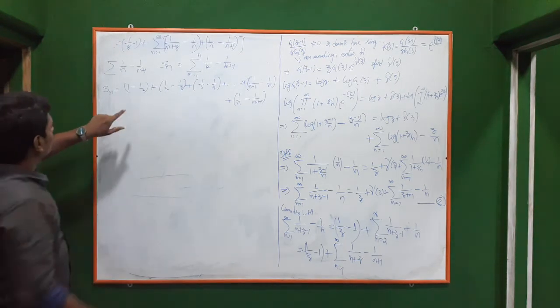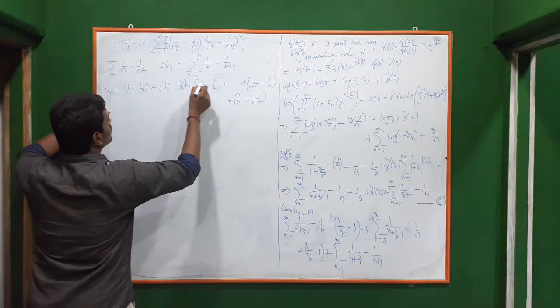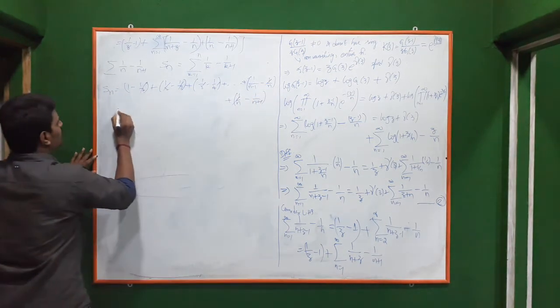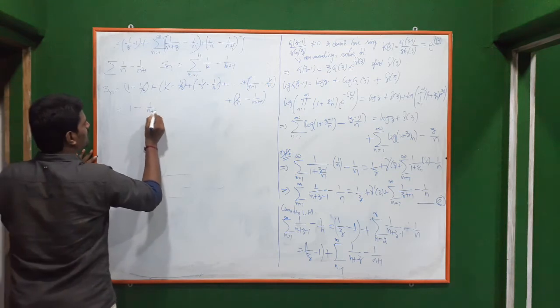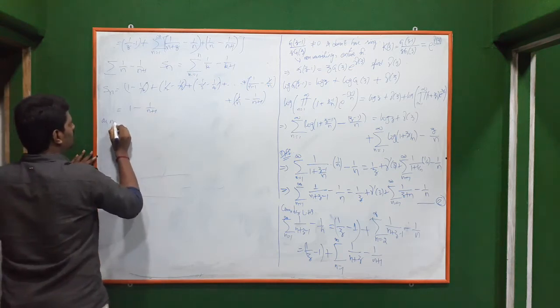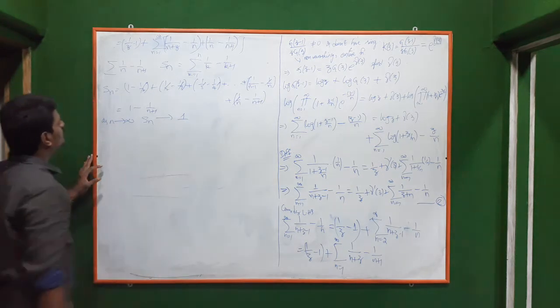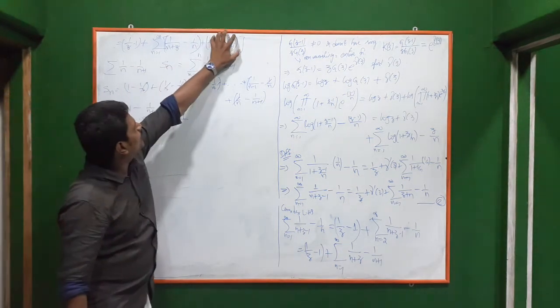Clear? Then all these things will be cancelled out. Then this will be 1 minus 1 by n plus 1. So as n goes to infinity, Sn goes to 1. Okay. So this value is 1.